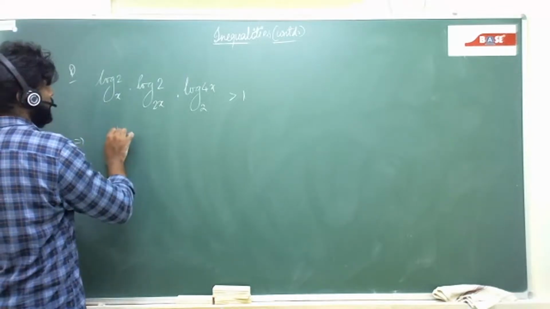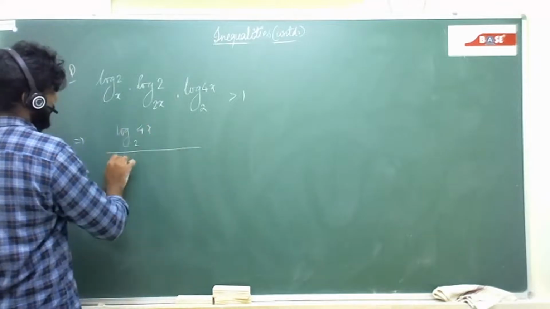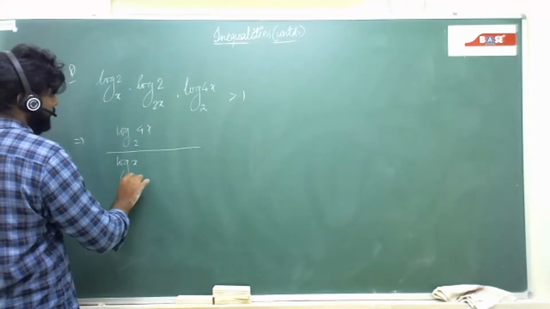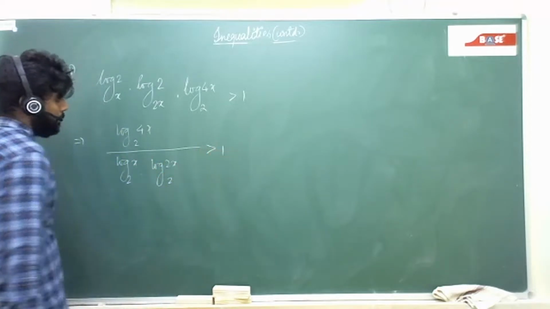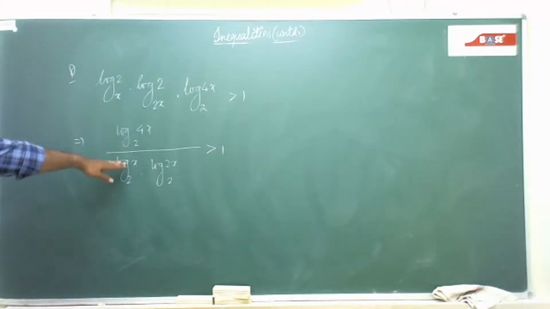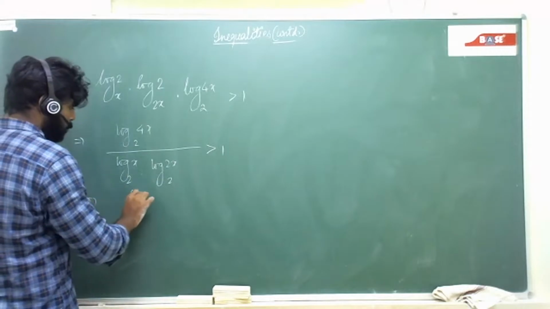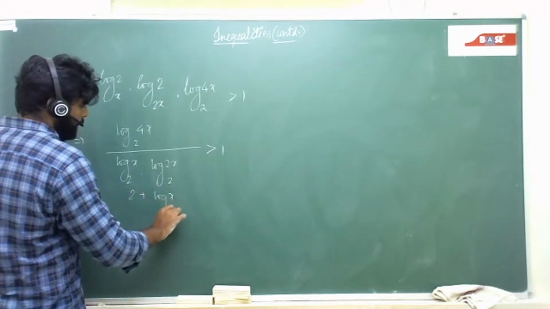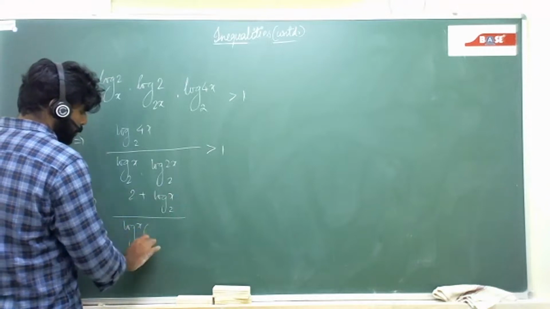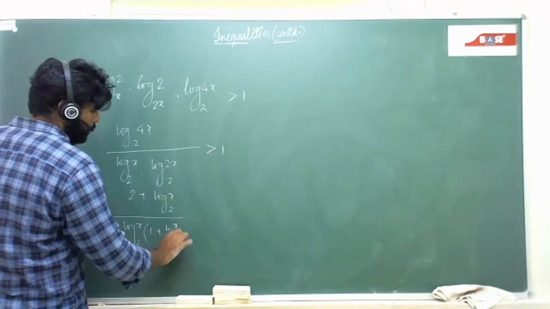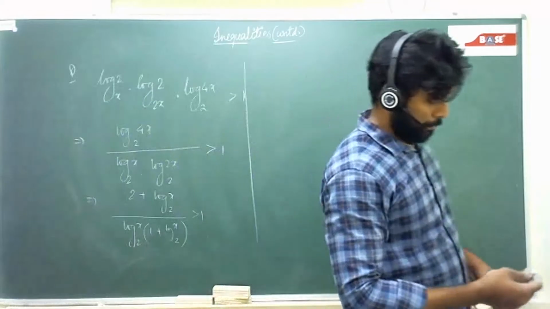So how will we do that? Let's just write this one as it is. And this one I'm writing reciprocal, that logarithm property again. That is more than 1. Right? Log a base b is 1 by log b base a. That's what we applied here. Expand it a little bit. So is it (2 plus log x base 2) divided by (log x base 2 into 1 plus log x base 2) more than 1. That's what we got.